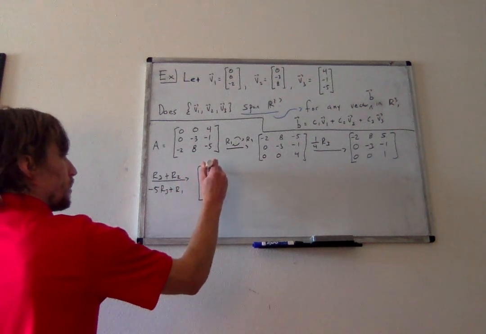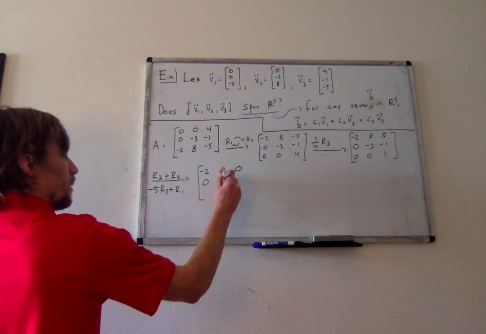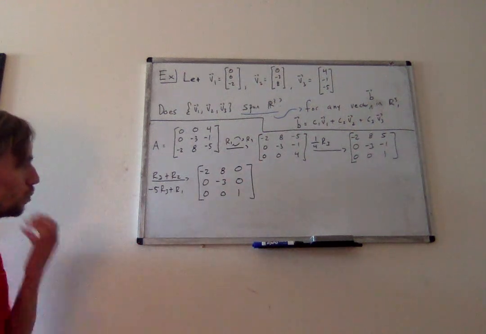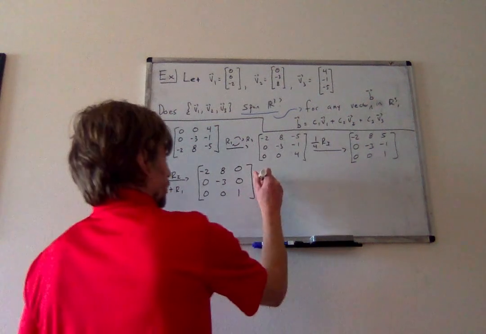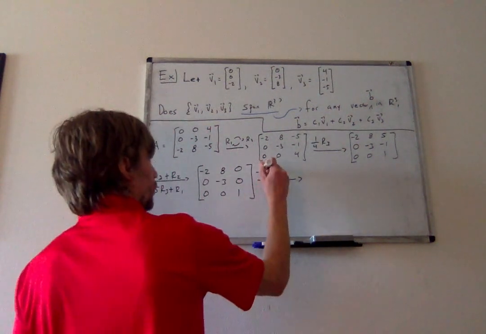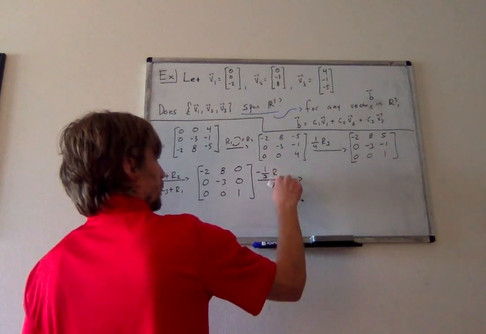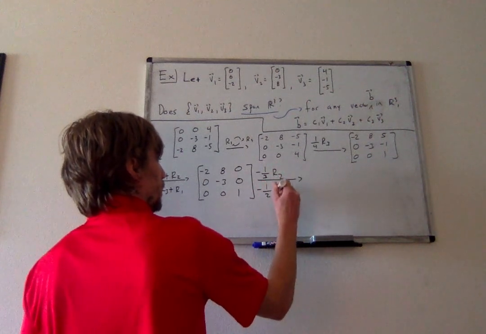So notice that these steps together zero out all of the entries above this 1. All right, now what I can do is, well, I want to make this -3 a 1 and this -2 a 1, so I'll do -1/3 row 2 replacing row 2, and -1/2 row 1 replacing row 1.